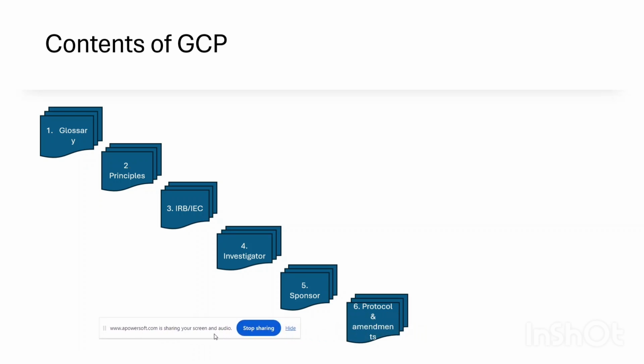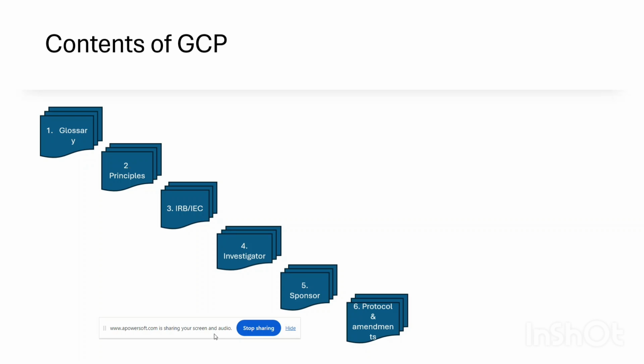It contains what information should be present in a protocol of a clinical trial. So a protocol contains general information, background information, trial objectives and purpose, trial design, selection and withdrawal of subjects, treatment of subjects, assessment of efficacy and safety, statistics, direct access to source data or documents, quality control and quality assurance, ethics, data handling, record keeping, financing and insurance, publication policy, and supplements, like the information which is contained here in the sixth section.